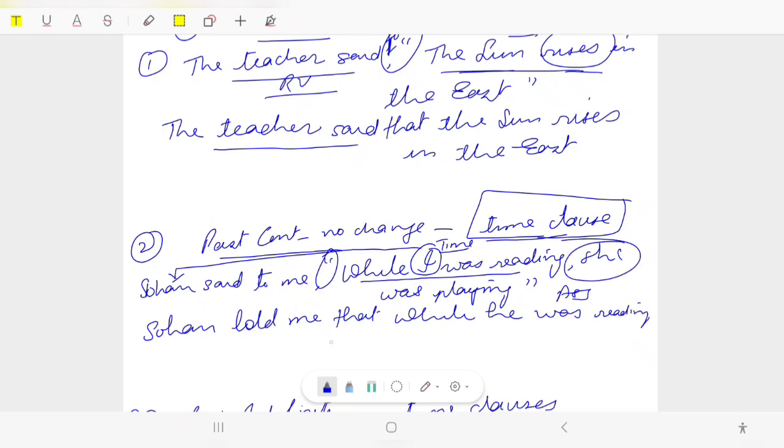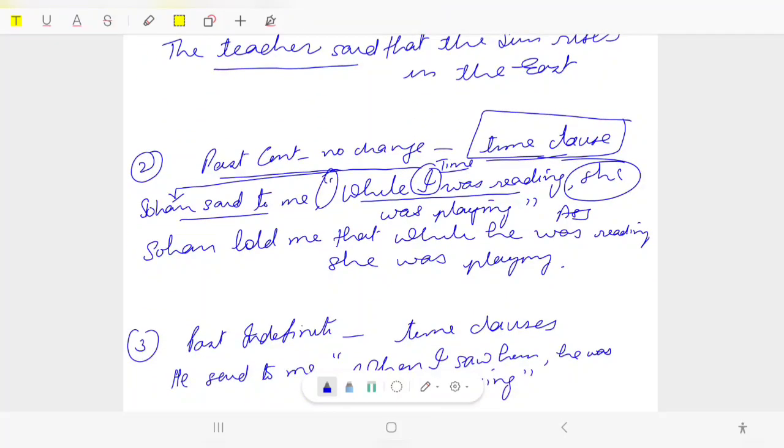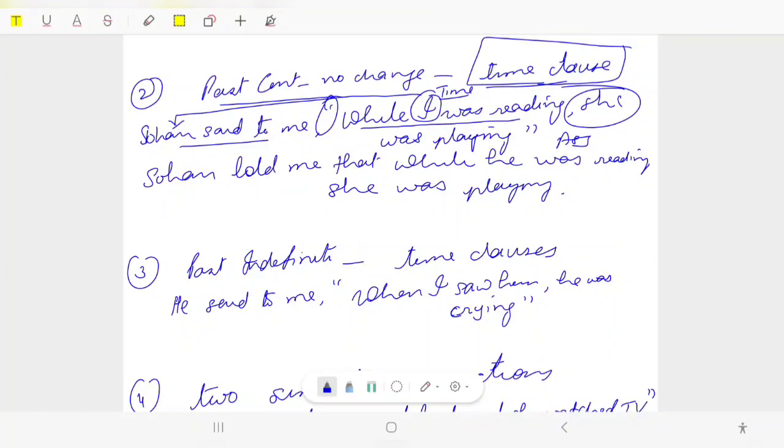She is third person, so no change. She was playing. So what's the rule? The rule is that if past continuous is used in time clauses in RS, reported speech, then we do not change it even if reporting verb is in past tense.